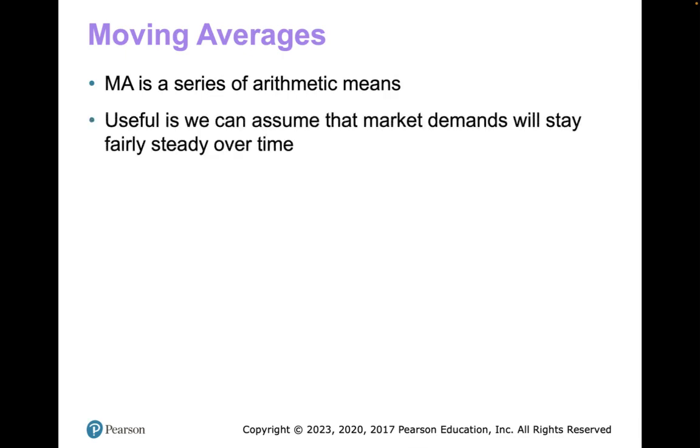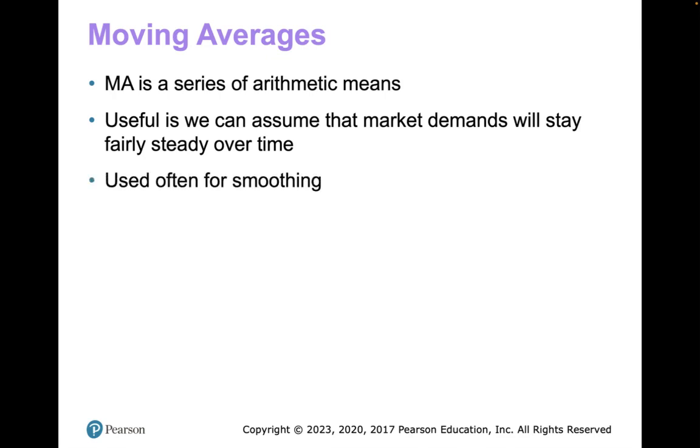There are a couple of moving averages. We're talking about the most basic moving average. This is helpful if demand is fairly steady over time. We'll talk about some of the disadvantages in a moment, but first, how to actually calculate the moving average.